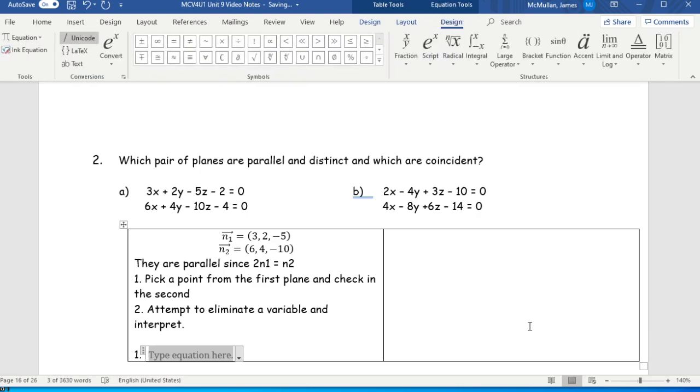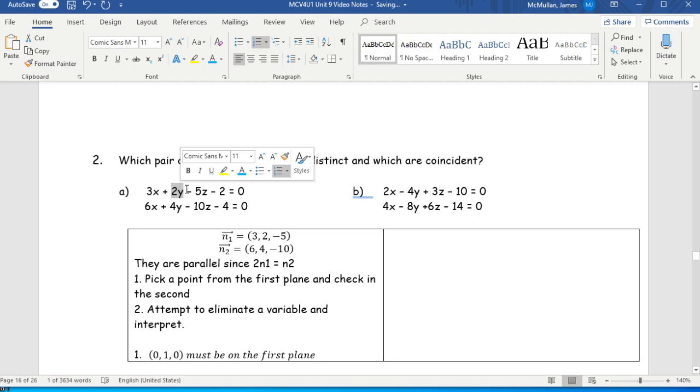A point that's on the first one would have to be 0, 1, 0. It must be on the first plane, because if x is 0, you get 3 times 0, 2 times 1 is 2, 5 times 0 is 0, and then you have 2 take away 2 is 0.